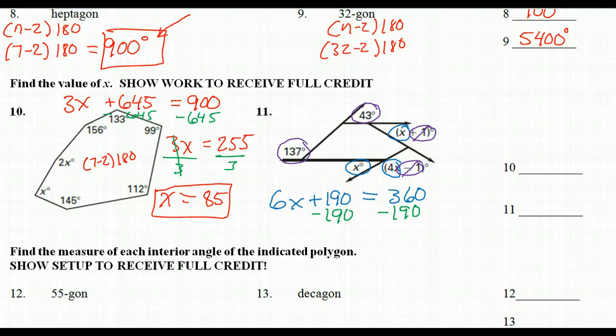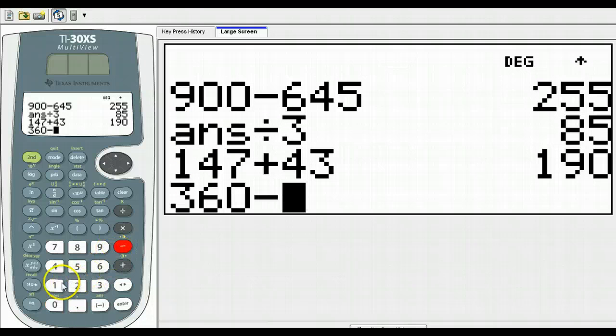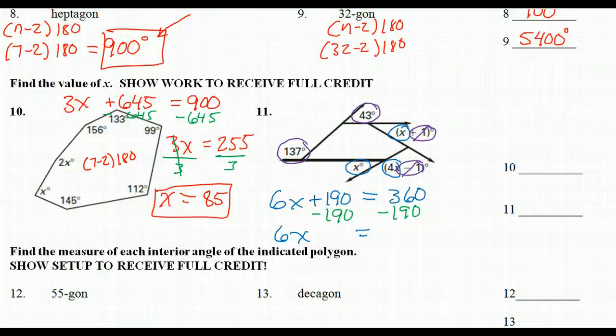Okay, that is going to give me 6x equals 170. Time to divide by 6.